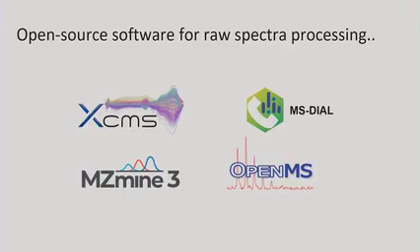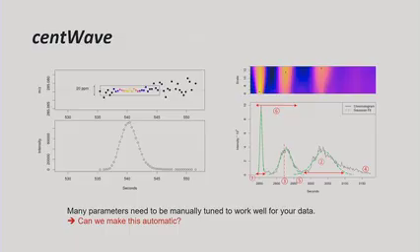For the algorithm, the most commonly used one is centWave. This one was developed many years ago and has been updated over the past decades. This algorithm focuses on the regions of interest in the MS data, and finds the peaks that have a very nice peak shape.